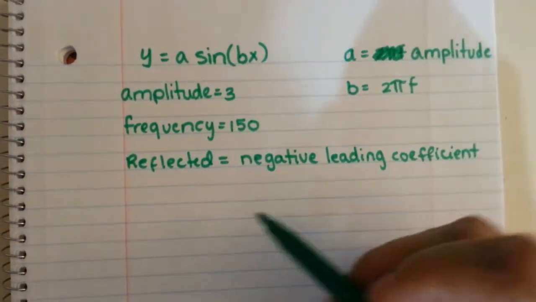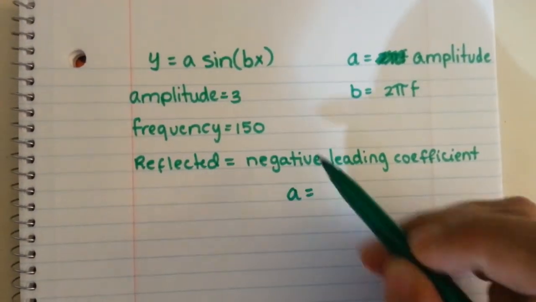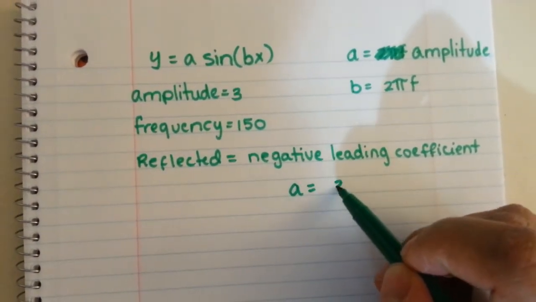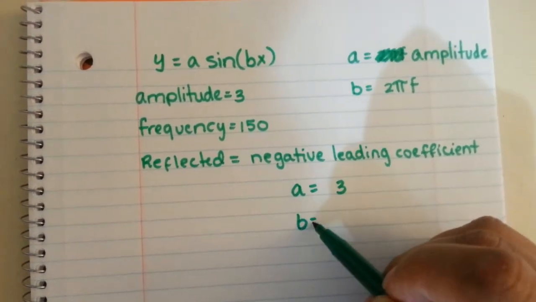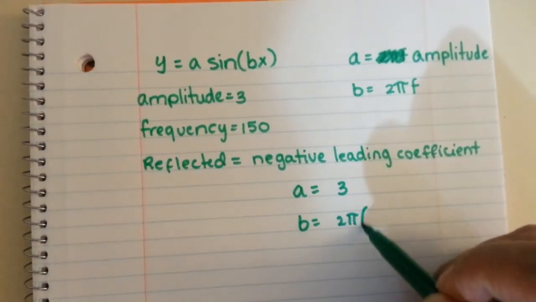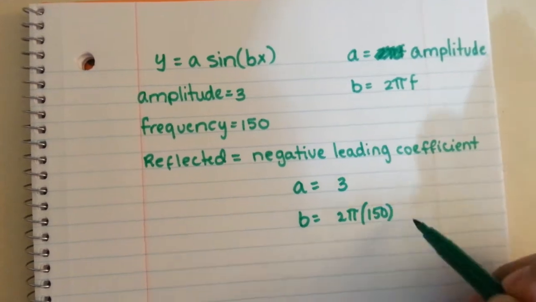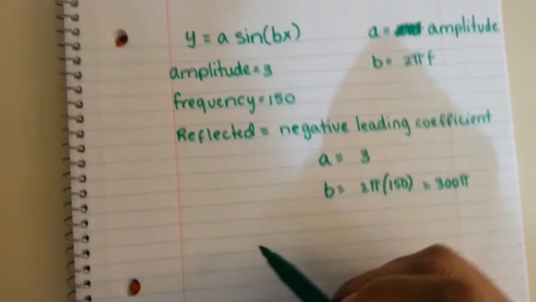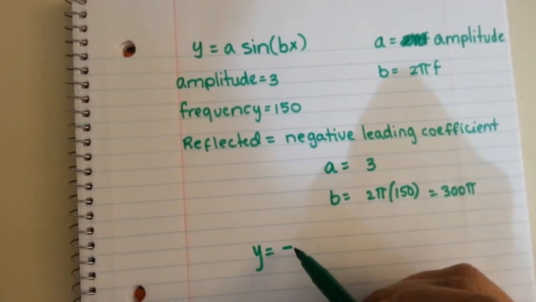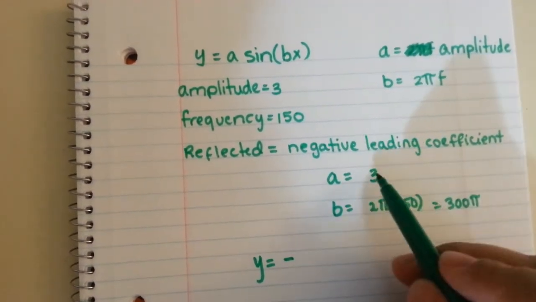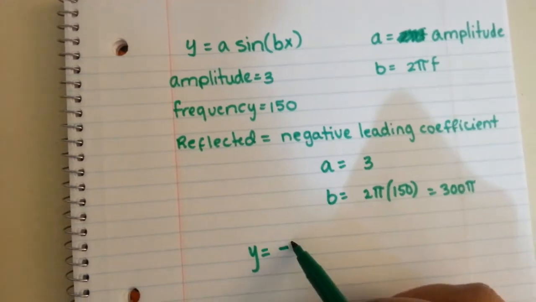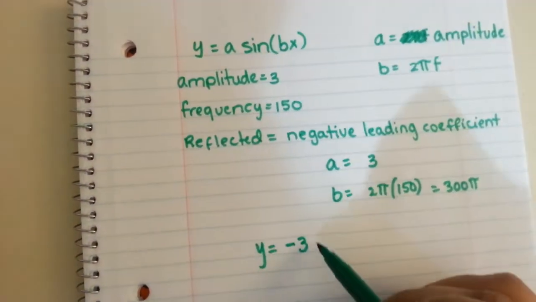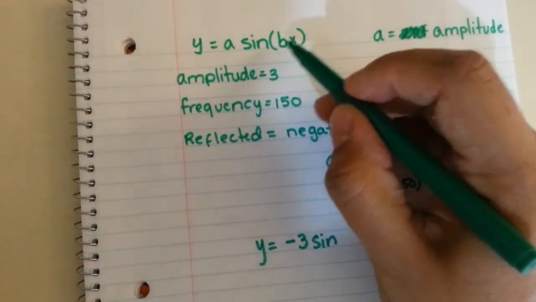So following with this, then we can find a. A would be 3. B would be 2 pi times the frequency, which is 150. So you get 300 pi. And then you write the function y equals, we know it's negative because it's got a negative leading coefficient. The value of a is 3, sine b times x.